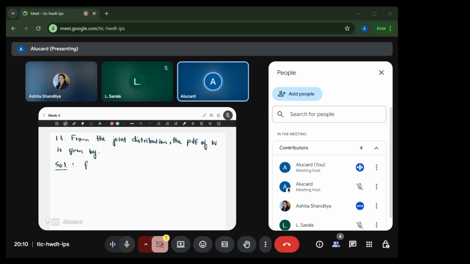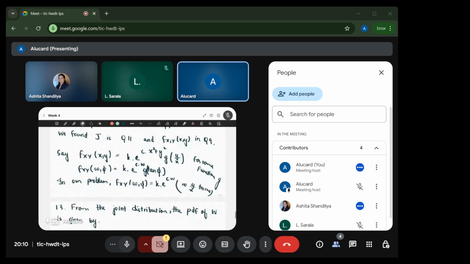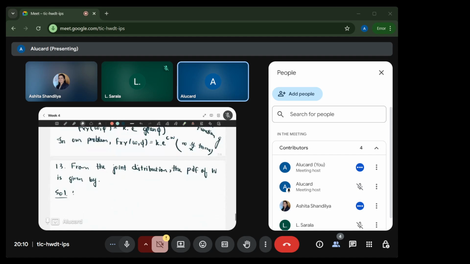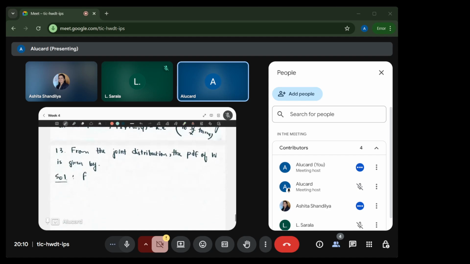Let's say f of w comma phi is some a times e power b w.